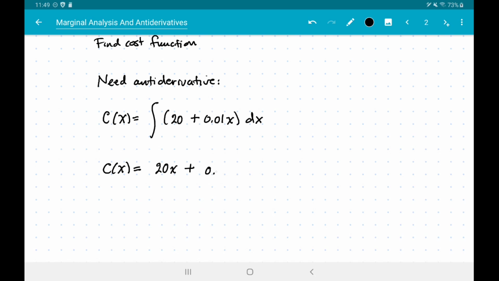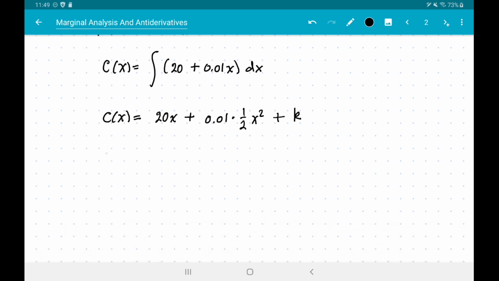We keep multiplication by 0.01, and then the antiderivative of x is 1/2 x squared. Then we need to put in a constant of integration. Since this is a business scenario and we've used big C for the cost function, I'll use K for the constant of integration. When you clean this up a little bit, you'll have 20x plus 0.005 x squared plus K.